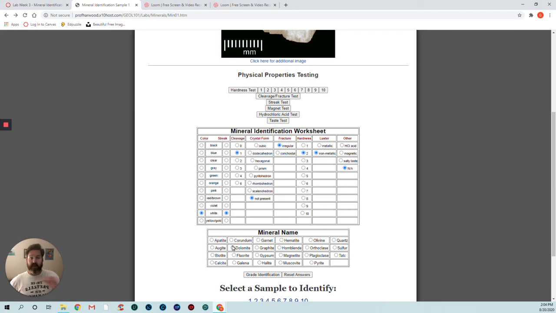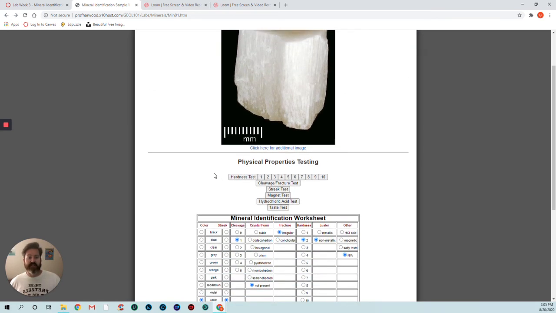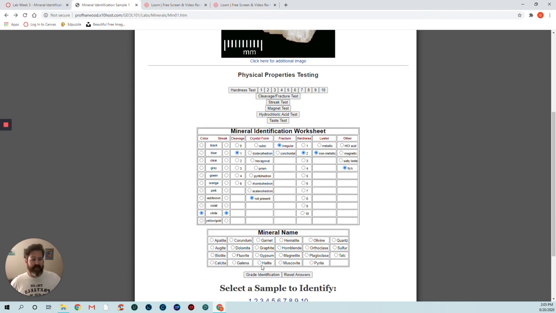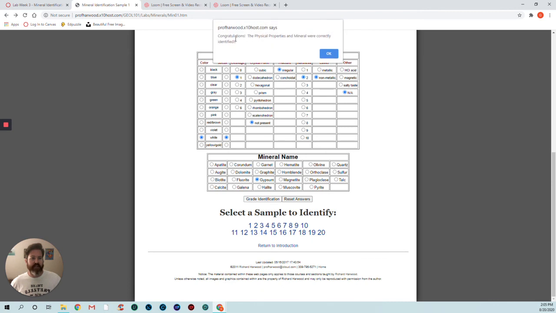That has 1 cleavage plane. So with 1 cleavage plane, I'm thinking it could be a phyllosilicate, but the only silicate that looks like this that has that softness is talc, and talc has a hardness of 1. This has a hardness of 2, so it can't be talc. The only thing that I know that has a hardness of 2 is gypsum. So that's what I'm going to guess, gypsum, and let's go ahead and check.